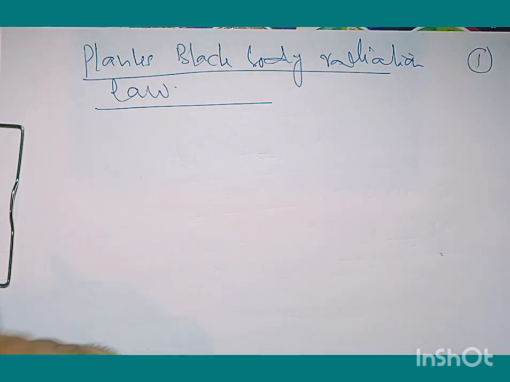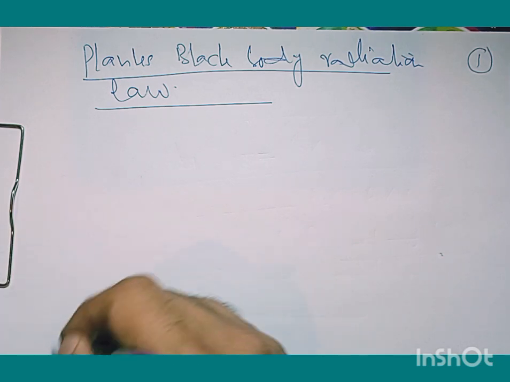The background of this problem is that if we have a black body, I mean a body which can absorb radiations and can emit radiations equal to 100%. Ideally, this is what's called a black body.